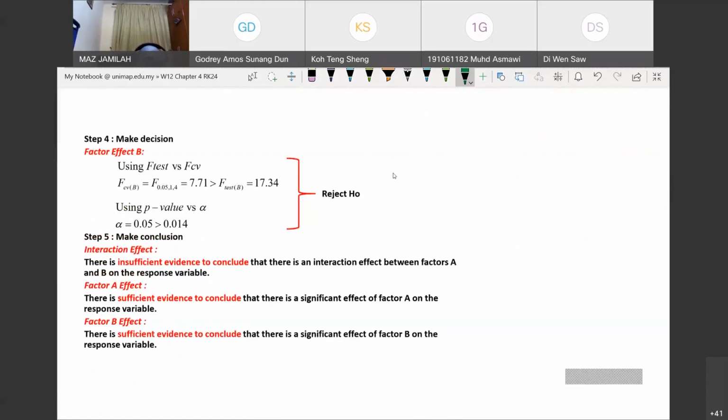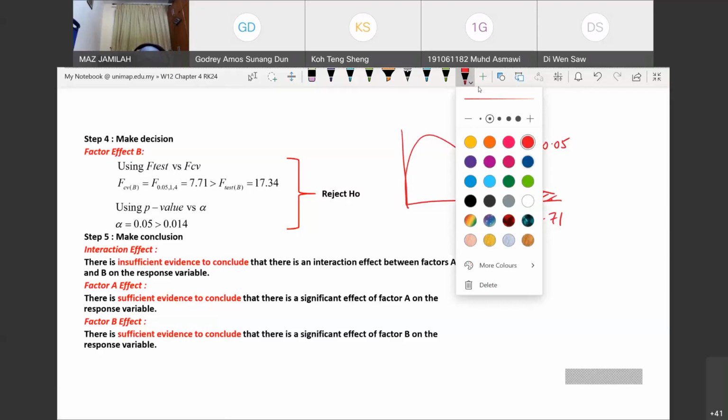Now, the same as factor A just now, if I draw the distribution, you have your F alpha of 7.71, and this is your alpha 0.05, and then you have your F test of 17.34.